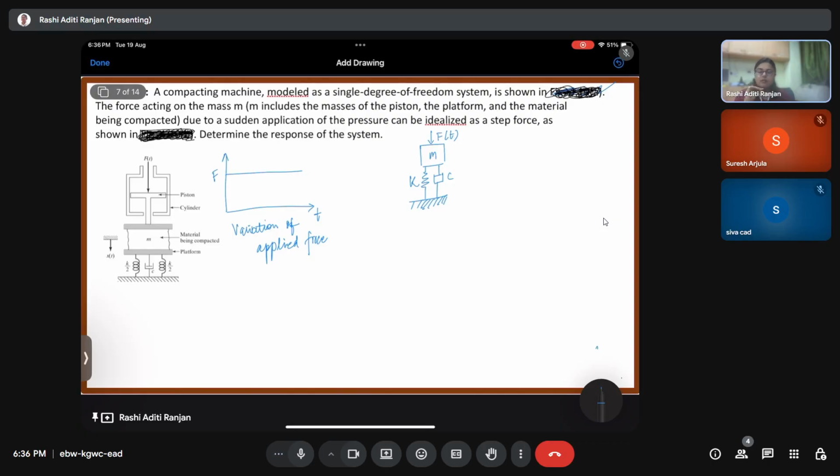Now, if it would have been an impact case, we knew how to find a solution. But this is not an impact case. What we can do is divide the force at every time as an impact force, and then sum up all the solutions.